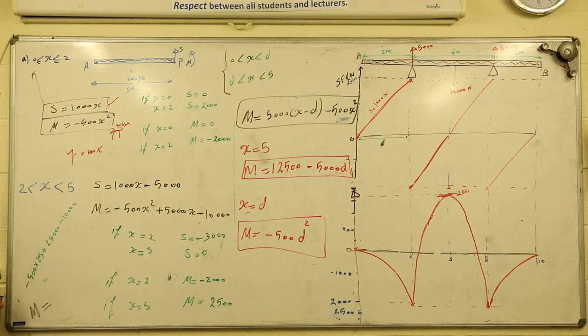So, the greatest value of the bending moment occurs at the midpoint, which is x is equal to 5. The equation becomes the top one, the black one there. And the greatest negative value occurs at the support, which is 2 meters. In here, we're moving the support. We make it a d. If I move the support, the greatest bending moment is still going to occur at 5, isn't it? Because I said it's not going to change.